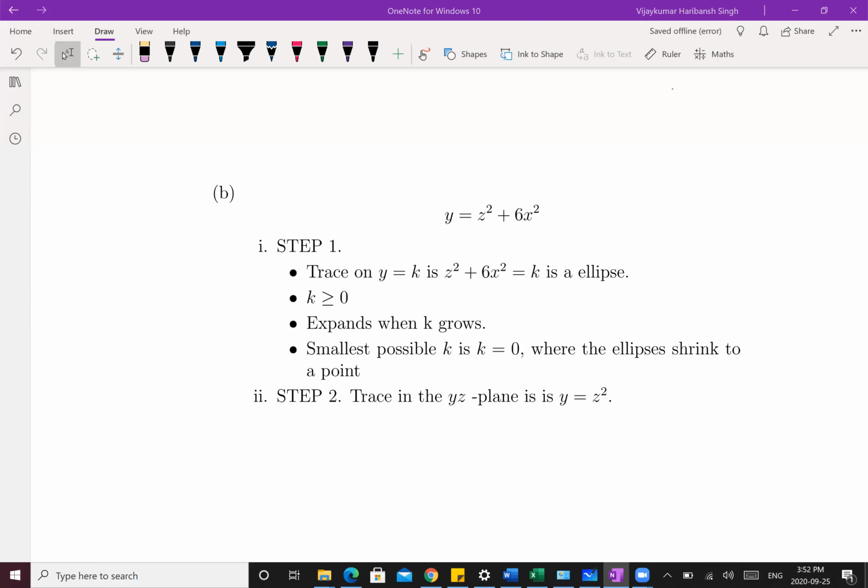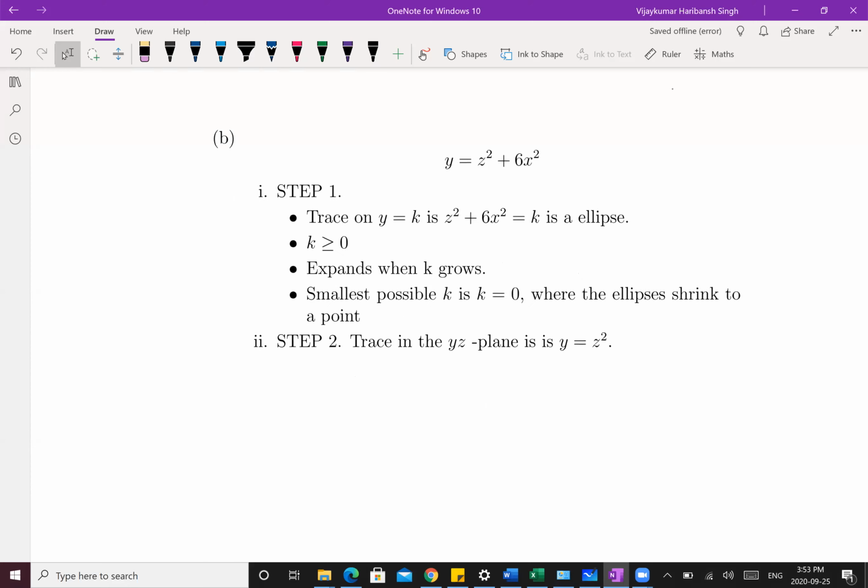So the second example is y equals z squared plus 6x squared. Before we look at the known graph from our catalog, let's see what we get out of this. So y is z squared plus 6x squared. Consider the trace y equals k. So z squared plus 6x squared equals k is an ellipse, right?